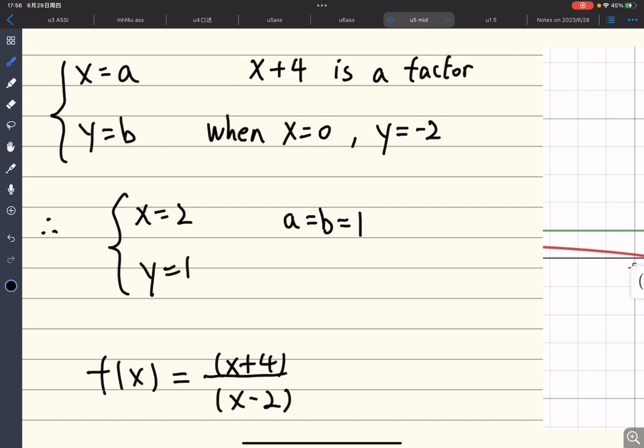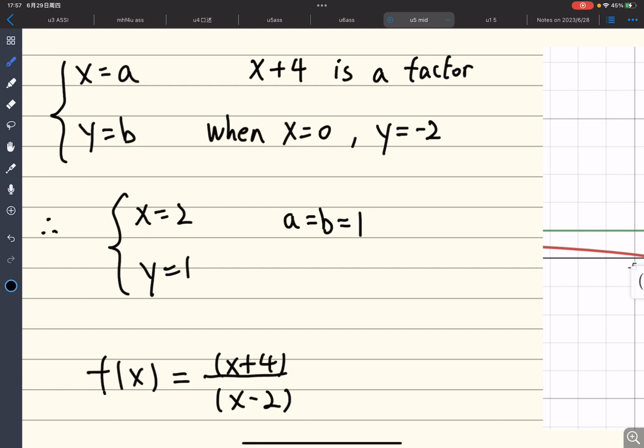This means that when we plug in x equals 0 into the function, we should get -2. The function also has a vertical asymptote at x equals 2, which means that x minus 2 is a factor in the denominator of the function.